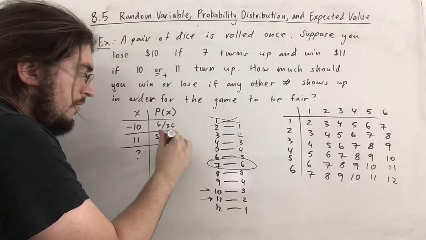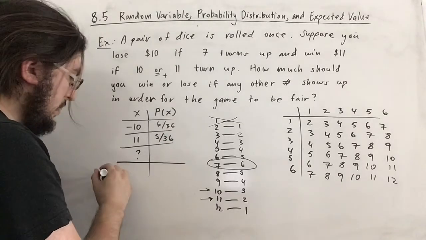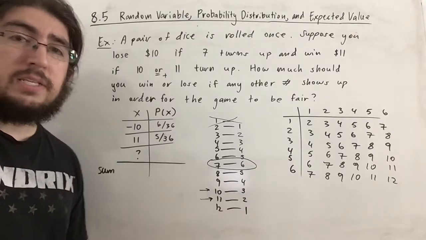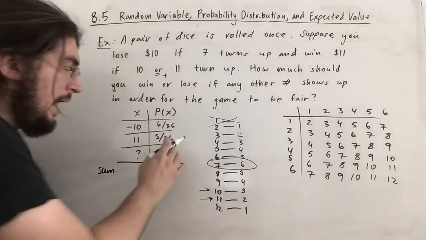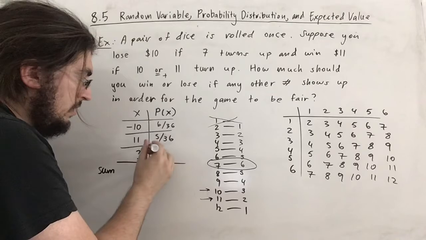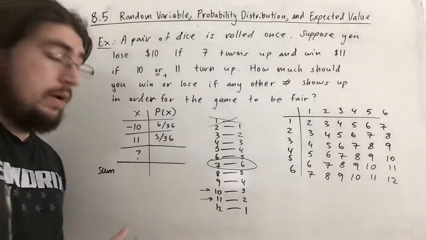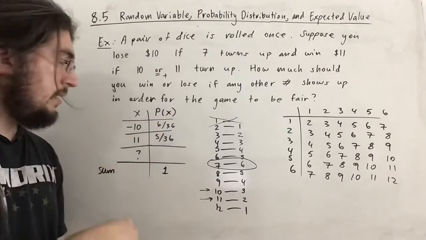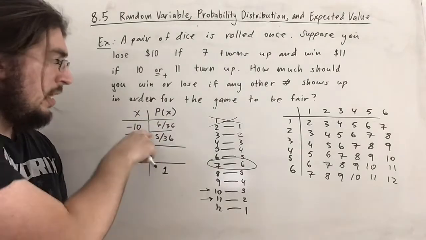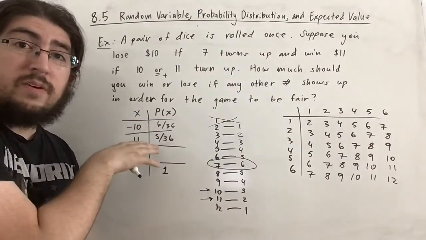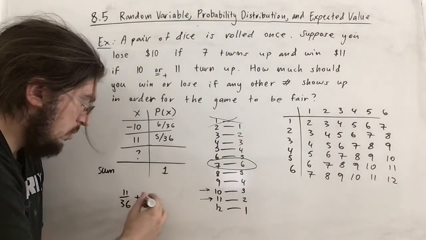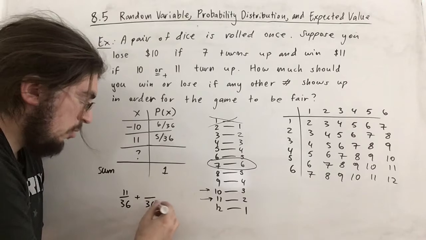And remember our insight for probabilities. In order for this to actually be a probability distribution, what must this column add to? The sum of this column must be 1. And you can kind of see, that's why I left 36 in the denominator anyways. 6 plus 5 is 11, so it's 11 over 36. 11 over 36 plus what over 36 will be 1?